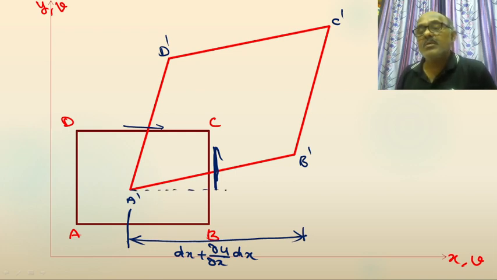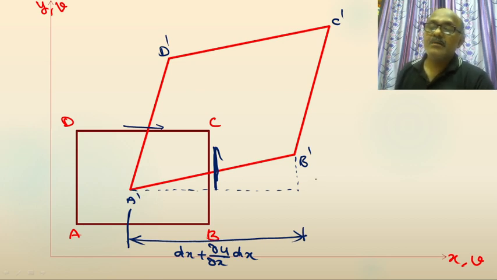Now consider this one. After application of the force, this line becomes here. So this is the original place of line AB. After application of the force, this AB line becomes A dash B dash.